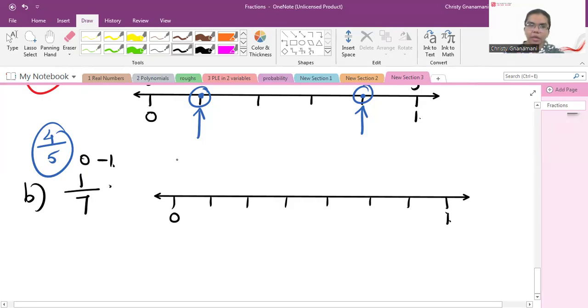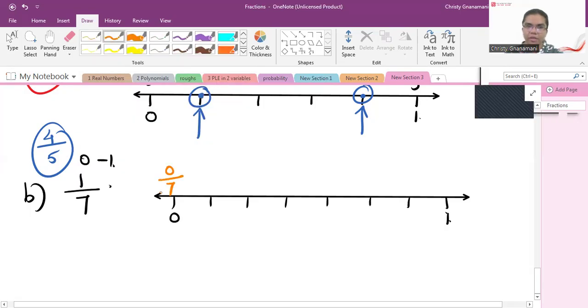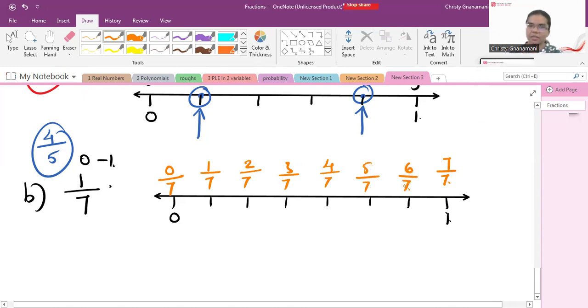So 0 can be represented as 0/7, and 1 can be represented as 7/7. So similarly, this one represents 1/7, 2/7, 3/7, 4/7, 5/7, 6/7.